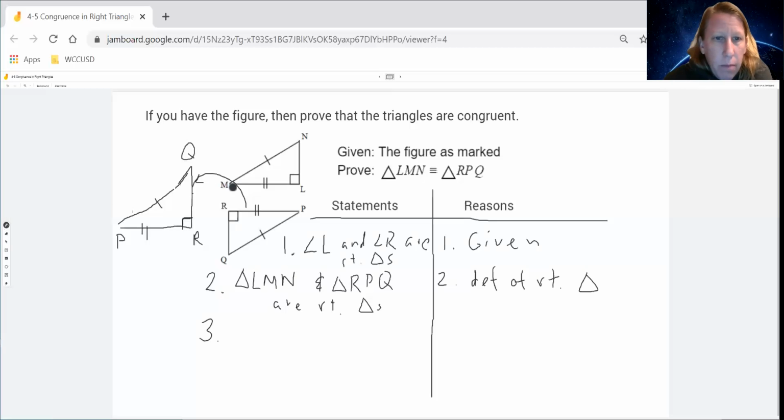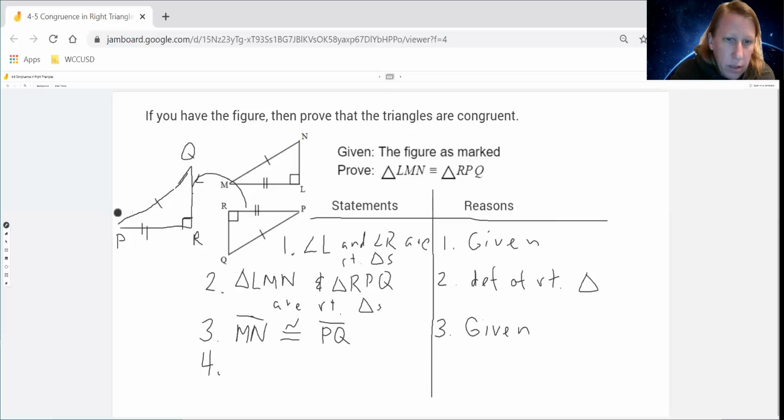So the hypotenuse of triangle LMN is MN. That's the hypotenuse. So line segment MN. Does that match up? Does it have the same mark as line segment PQ? It does. Line segment MN matches up with line segment PQ. How do I know they're the same? Because they both had one little mark on them.